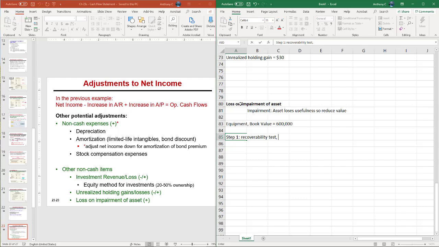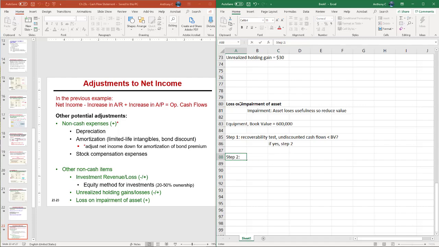So we're comparing two amounts. Those are undiscounted future cash flows and the book value. Right, and if our undiscounted future cash flows are less than the book value, then we wouldn't be able to generate enough cash to cover the book value, so then we can move to step two.